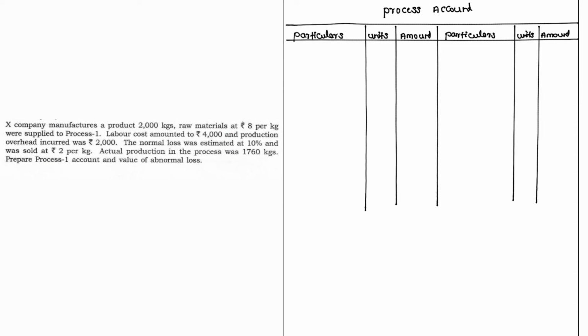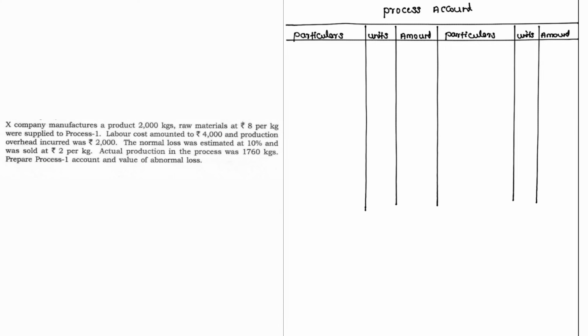So all the expenses and input we have to record on the debit side of your process account. Normal loss, actual output and abnormal loss we should record on the credit side of your process account.